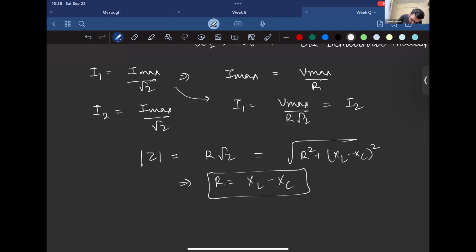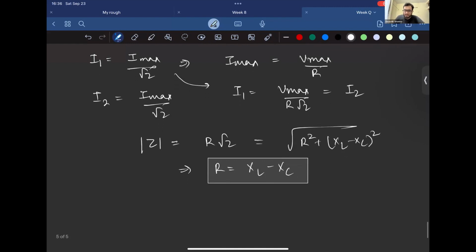You square both sides and see if this comes out to be true. So at half power frequencies, R is the difference between the reactances of inductor and capacitor. I should write it with a mod because it can be capacitive or inductive in nature. So resistance is equal to the difference between the reactances of inductor and capacitor.